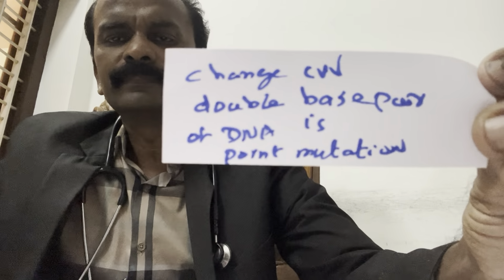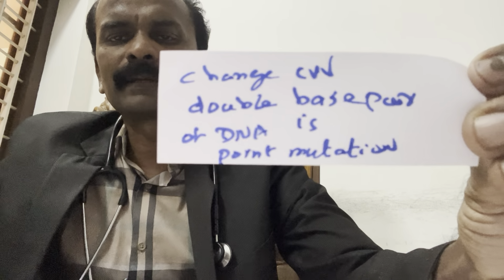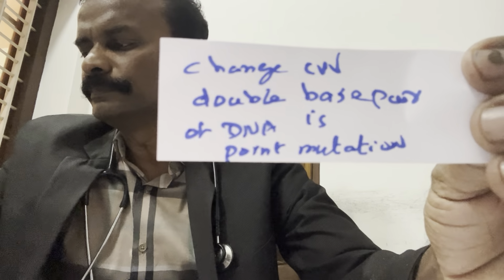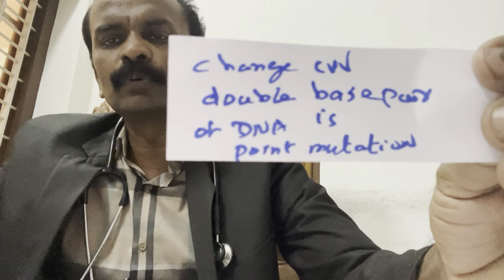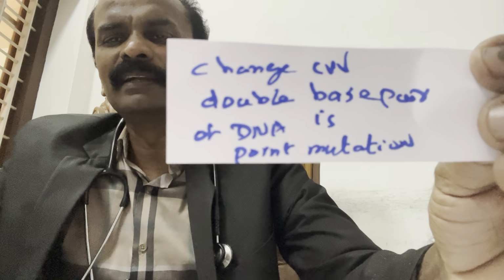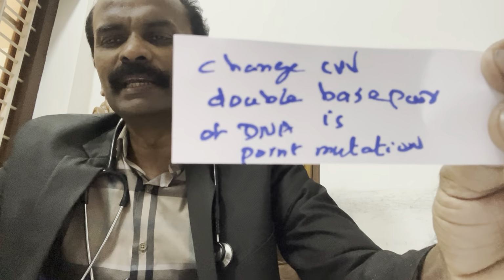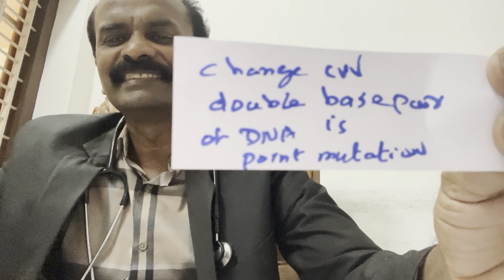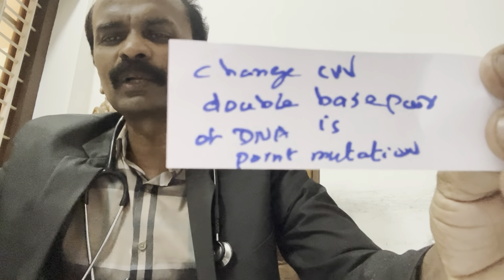Change in double base pair. Change in double base pair of DNA is called point mutation. Is it double or triple? What is your answer? Double or triple or quadruple?